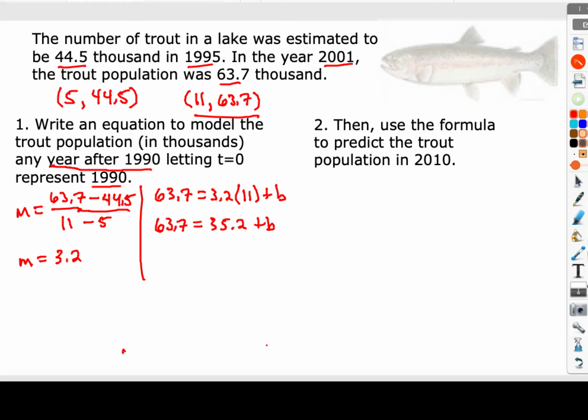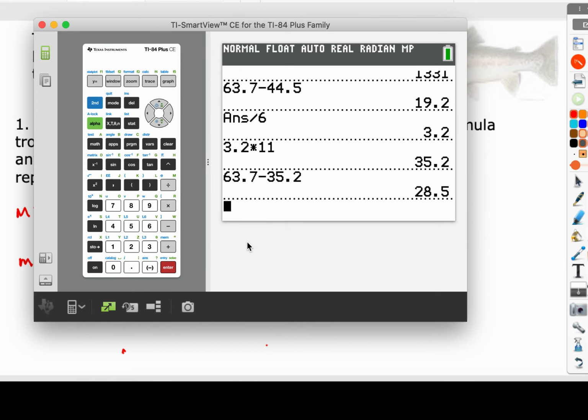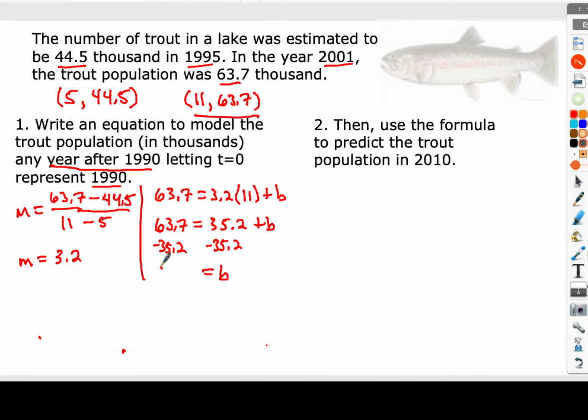Plus b, let's subtract that 35.2. And b will equal, well, as long as we've got that 63.7 on our calculator, we can subtract 35.2 and get 28.5 right there.